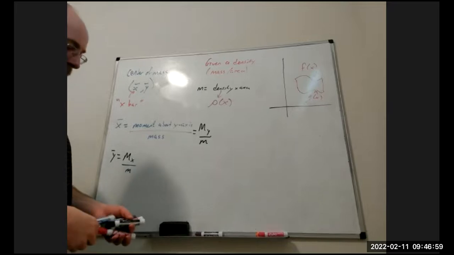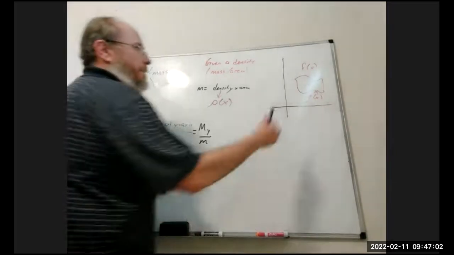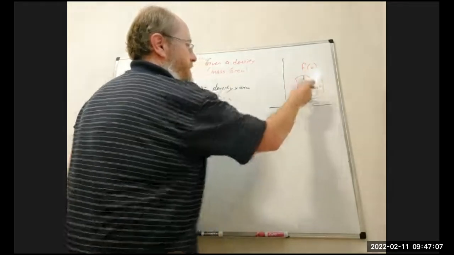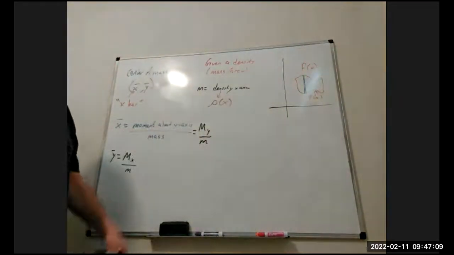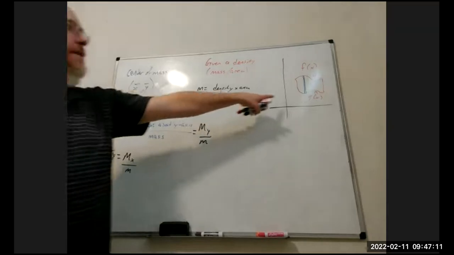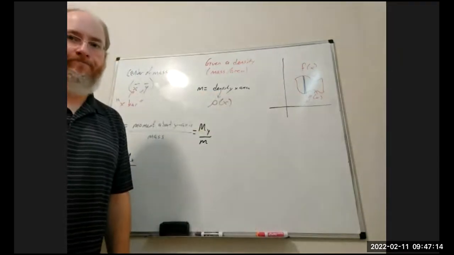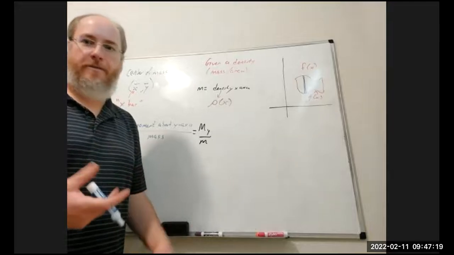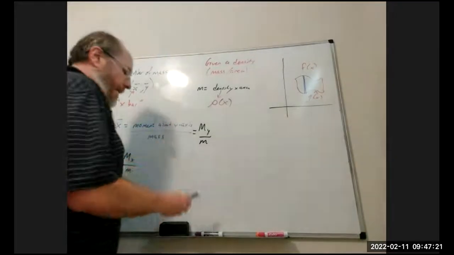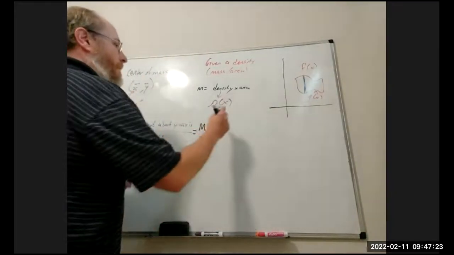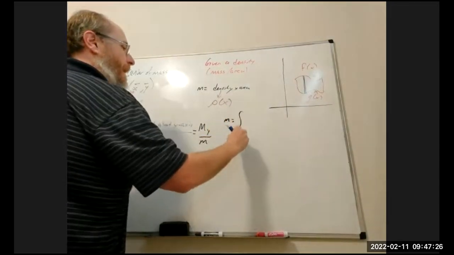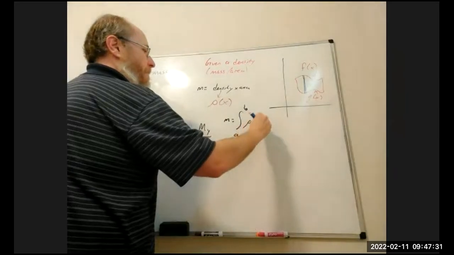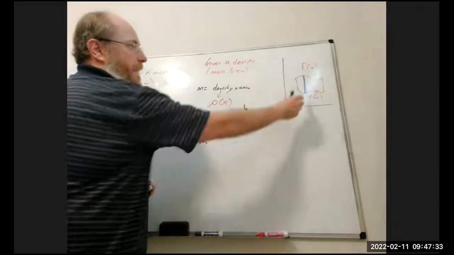And so if I want to get my mass, I want to cut this into strips that are at the same x, because then they've got the same density. And I would have to multiply that density times the area of that little rectangle. Well, area of the rectangle should make you think area between curves and all that kind of stuff. And so our mass is going to be an integral from a to b of the density, so rho of x, times the area of that strip.